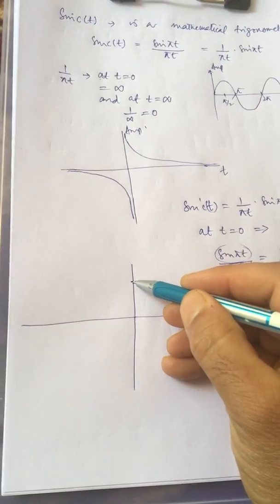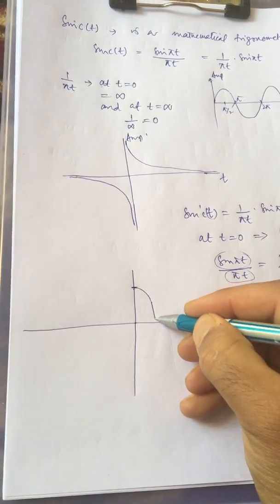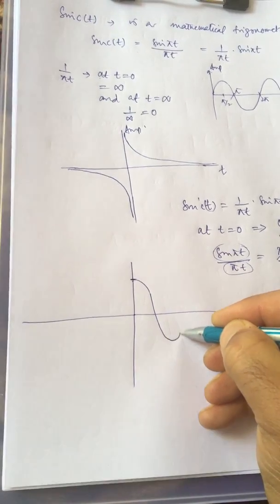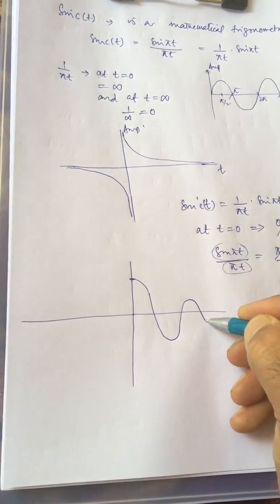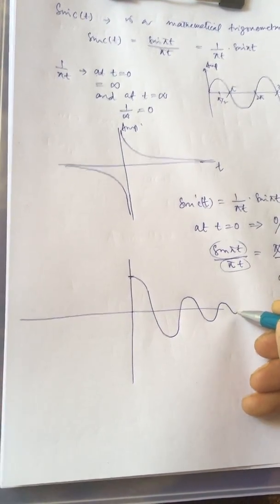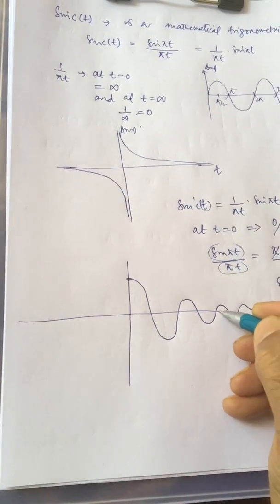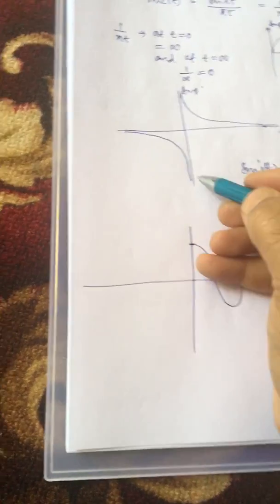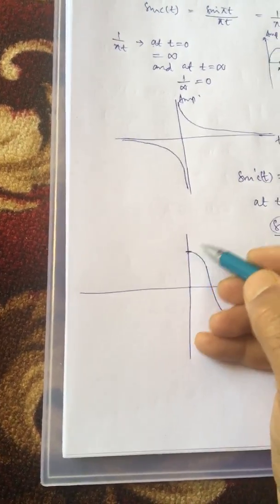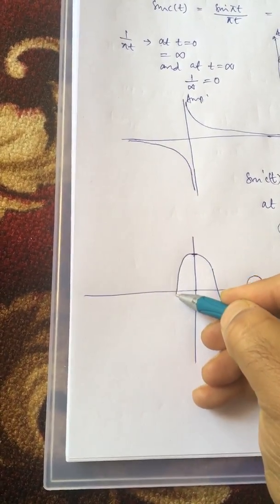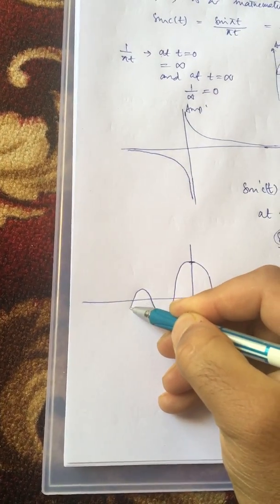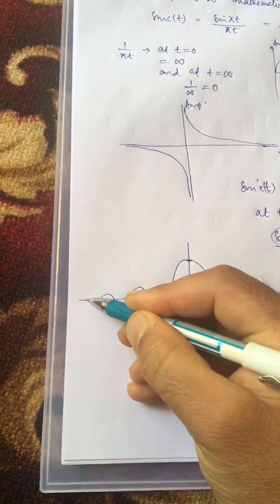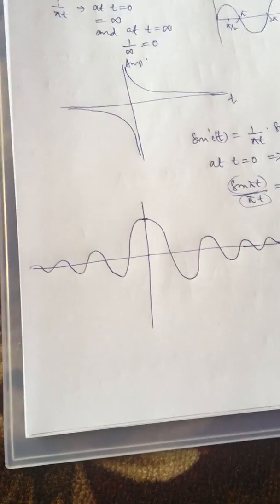So we'll get a wave like this. Since we are multiplying it with a decreasing exponential, we'll get a damped sine wave like this. Similarly, in negative direction, again we'll have maximum value at 0, and then it will start decreasing because we are multiplying it by a decreasing exponential function.